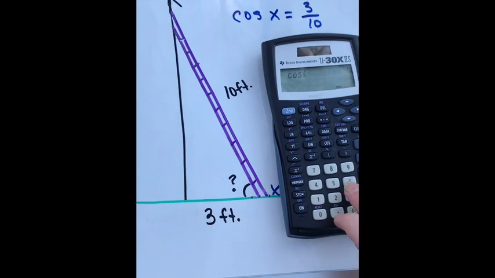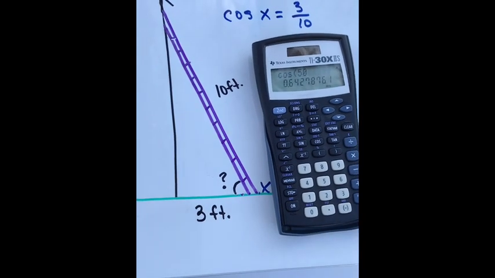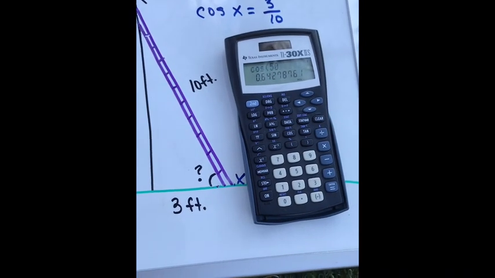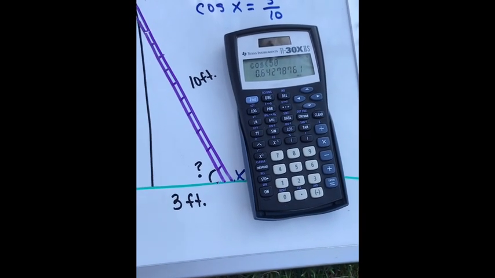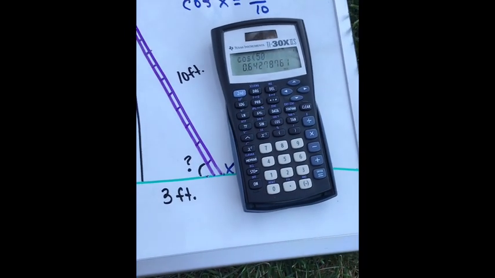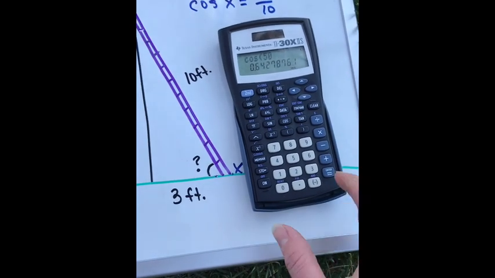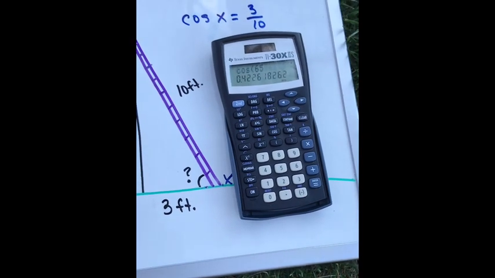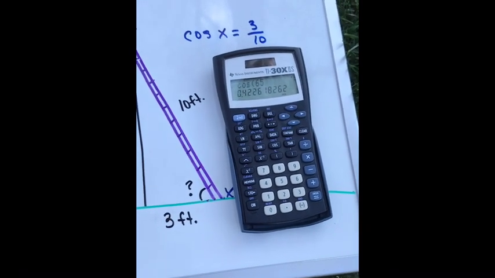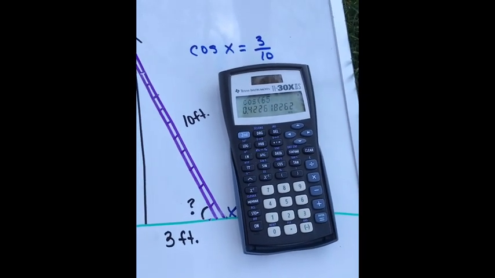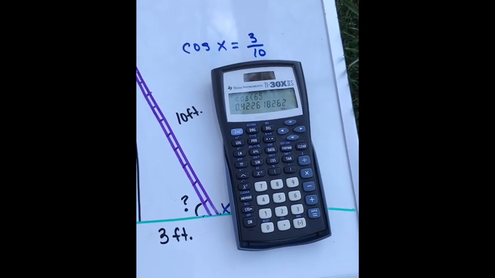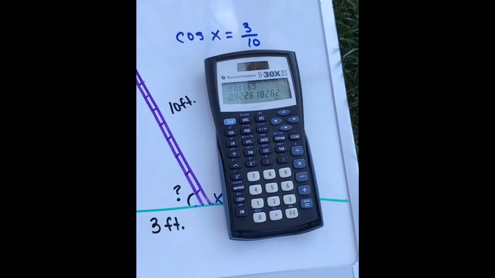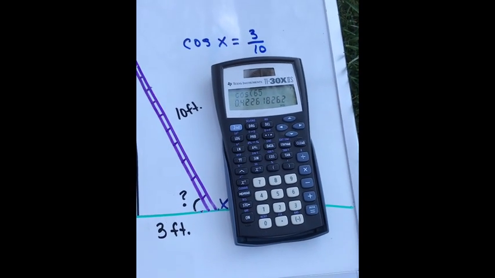The cosine of, say, 50 is 0.64. Wait a minute, that went up. So let's try the cosine of 65. It's 0.42. So I guess the bigger the angle, the smaller the cosine. So am I just going to have to keep guessing? There's got to be an easier way.